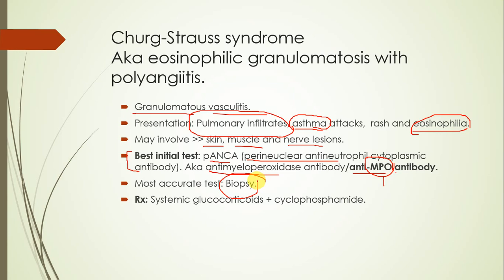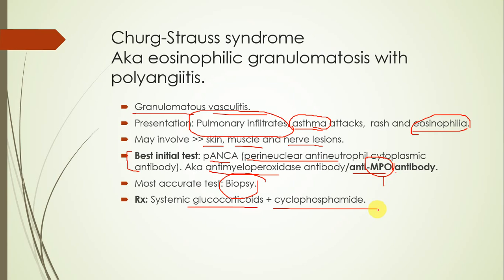And this pattern is seen for all the 3 diseases that we are talking about today. The best initial test for all of the diseases is an antibody test, but the most accurate test is a biopsy. And the treatment is similar with systemic glucocorticoids and cyclophosphamide.